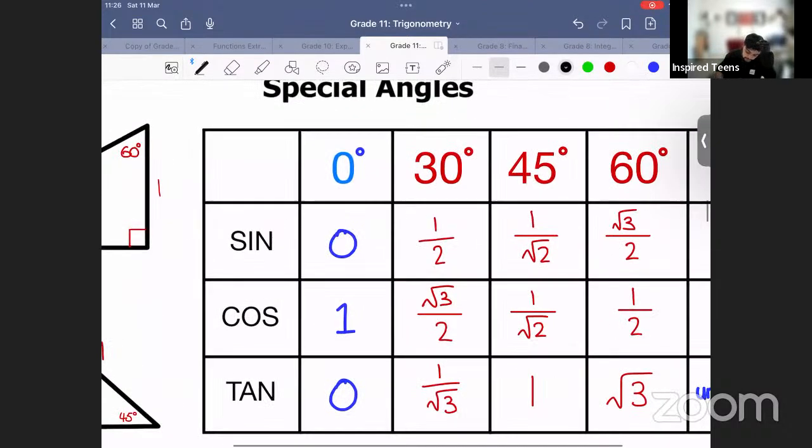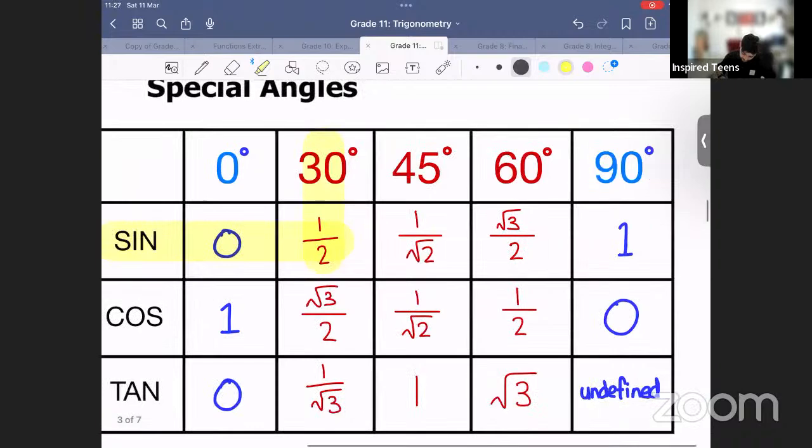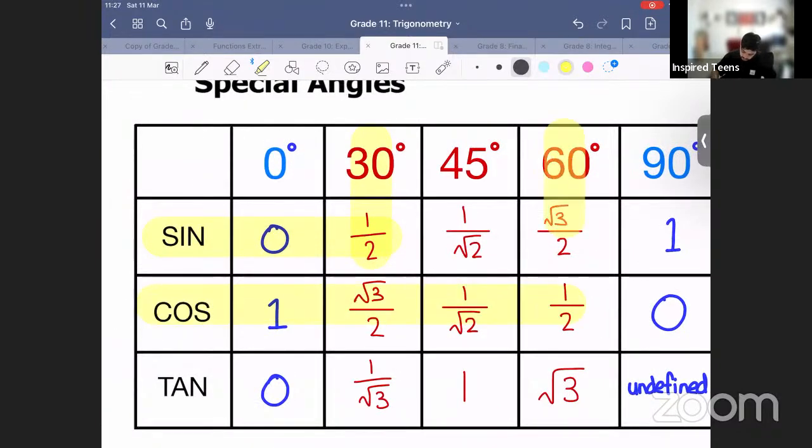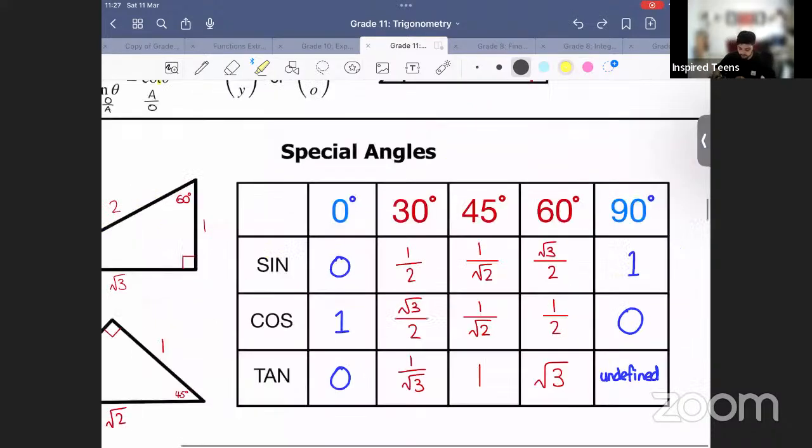Let's look at sine 30 and cos 60. Sine 30 and cos 60 are equal. They are the complements of one another because 30 and 60 add up to 90.